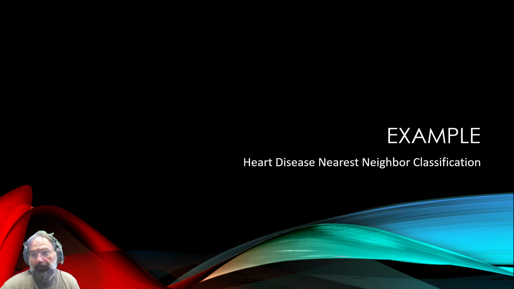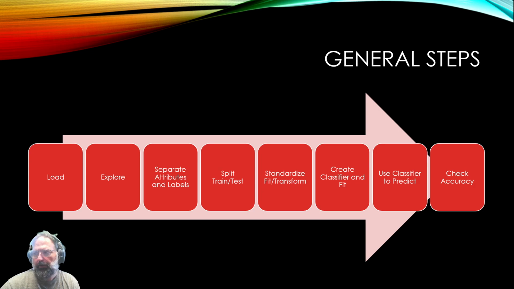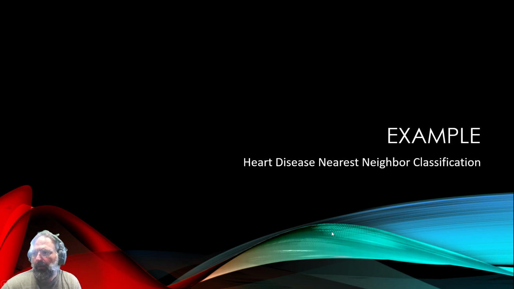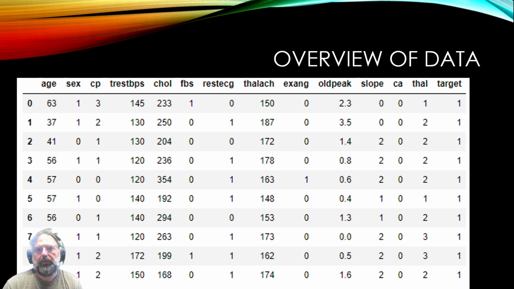An example of this whole thing that we may be doing in that checking accuracy is when we're using that test set that we set aside. An example in healthcare is heart disease, applying nearest neighbor to heart disease. This is a well-established problem and data set. You get a data set in with various values, and this is representative of the kind of data you'll see.